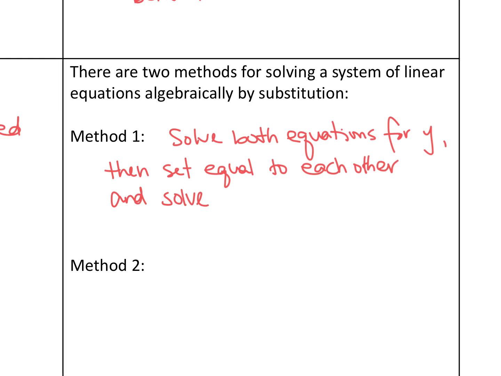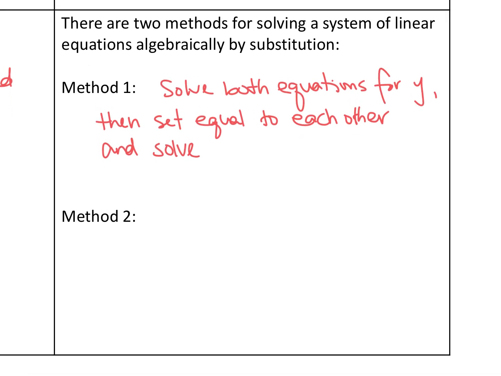A second method is, instead of solving both equations for y, you can just solve one of them for y. You're not going to set anything equal here.